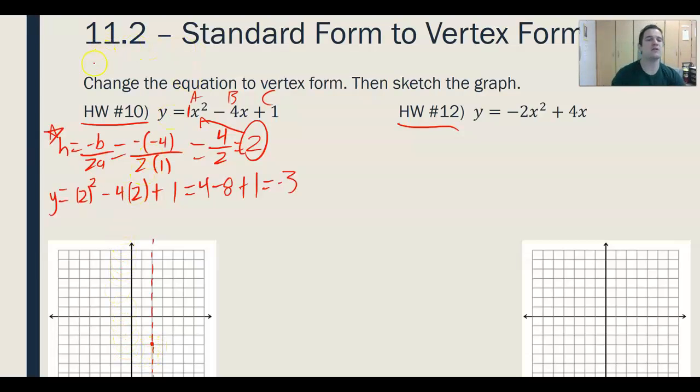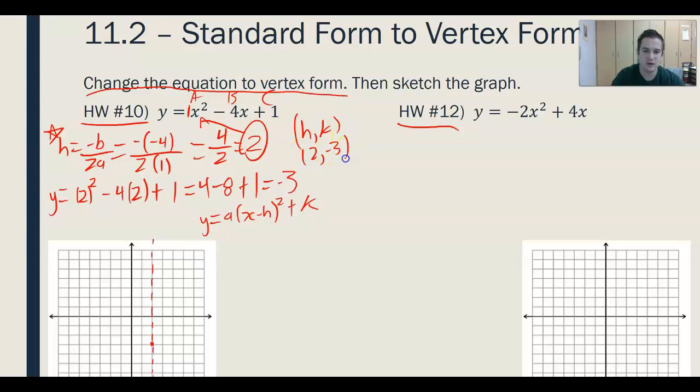Okay, so now this question asks, change the equation into vertex form. So I'm going to go ahead and write this in vertex form, which means it's going to look something like this. So my vertex (h, k) is 2, -3. So in my formula here, I'm going to have a times (x minus 2) squared plus a -3.